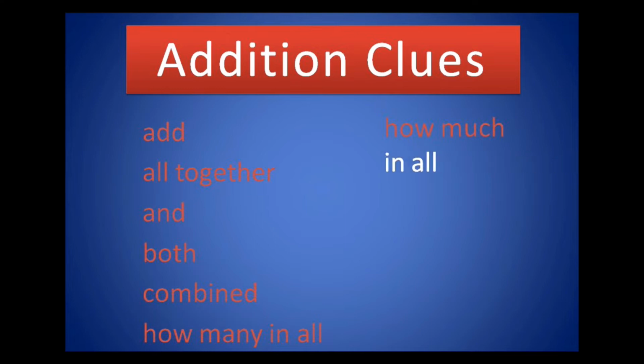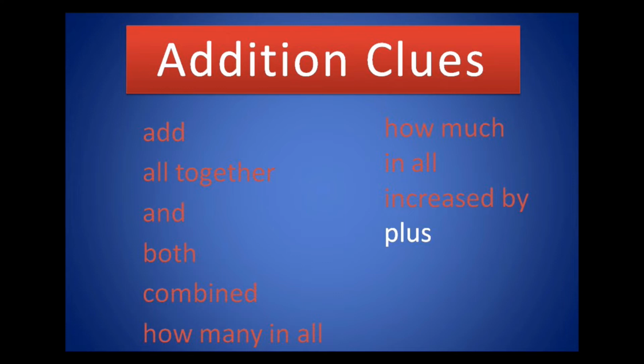Let's look at the next one. In all. Does that not tell you that's some type of addition? In all. That's putting it all together. If you ever see all, it means you're putting it all together. Okay, let's look at the next one. Increased by. Now you're looking at adding something. We don't know what, but we're adding something. Plus.